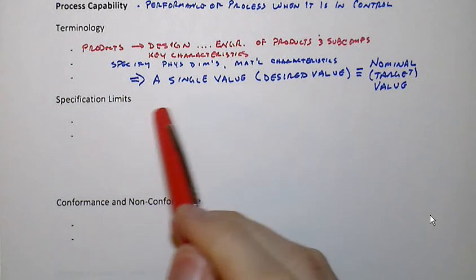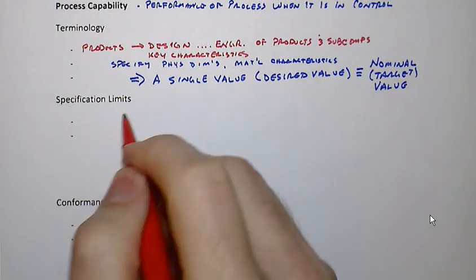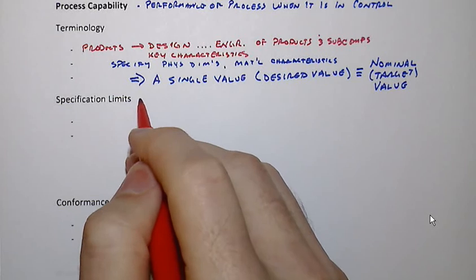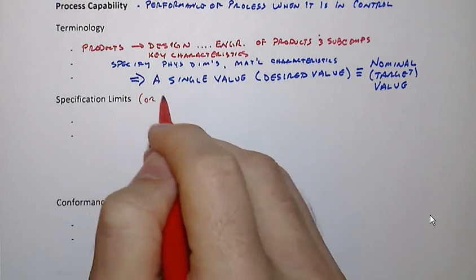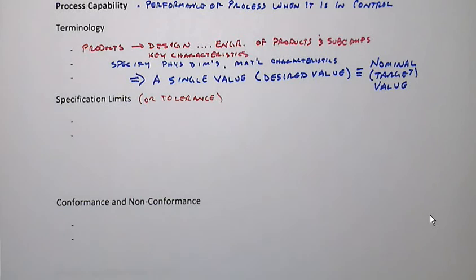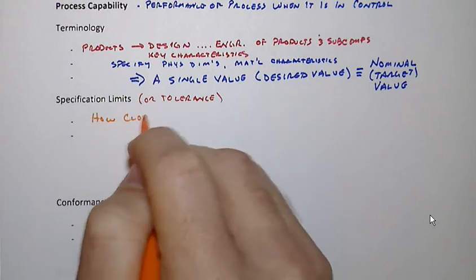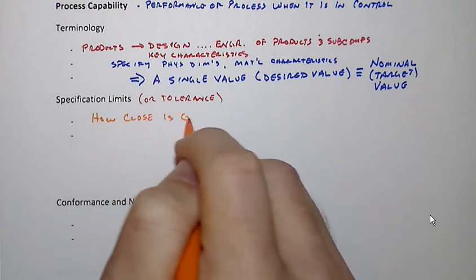Now when we go to start thinking about producing something and establishing specification limits, or sometimes you might call this a tolerance limit, then we've got a question of how good or how close is good enough.